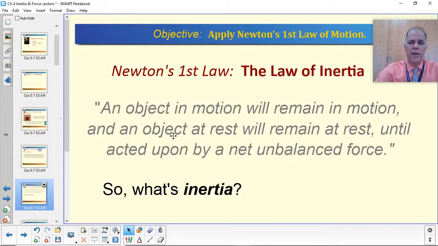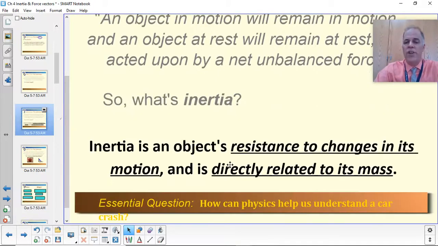Inertia is the name of the game. So what is inertia? We need to define that. Inertia is a characteristic of an object that resists changes in its motion, and it's related to mass. If something has a lot of mass, it has a lot of inertia. A bowling ball is pretty heavy, has a lot of mass, and it's not going to move if you push on it very gently.